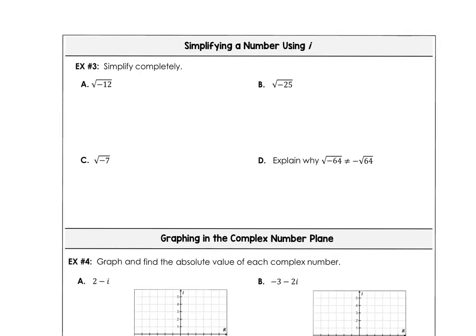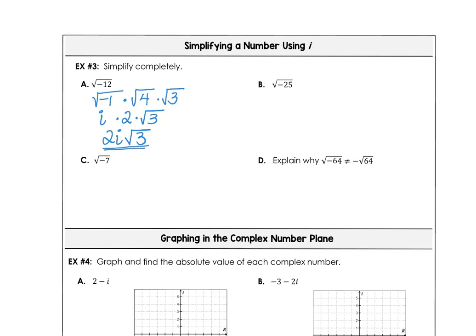In example 3, we want to use the properties of complex numbers and simplify some expressions. So first we want to take care of the -1 part, since that's the imaginary part, and then I want to break 12 down into a perfect square, the square root of 4 times the square root of 3. So in simplified form, the square root of -12 would be 2i square root of 3.